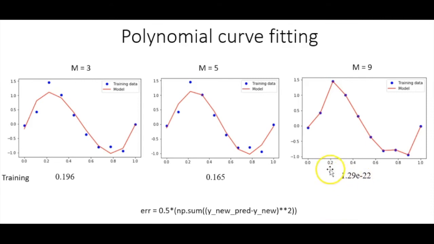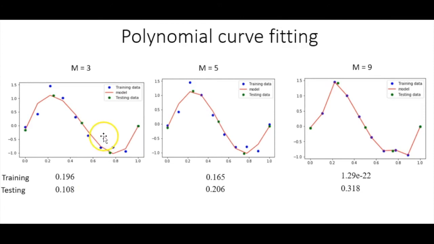Additionally, the mean square error of the model trained with m equal to 9 is the least compared to other models' mean square error. However, when we check the models' performance with new data samples shown in green, all behave differently, and the testing mean square error of the model trained using m equal to 9 is the highest. Hence, this model is not generalized well and overfitted on the training data.